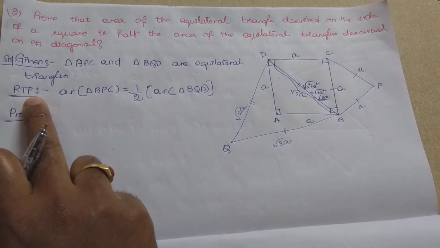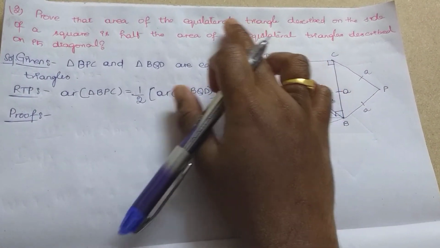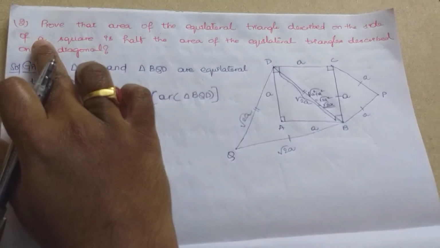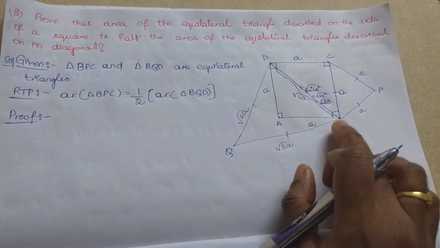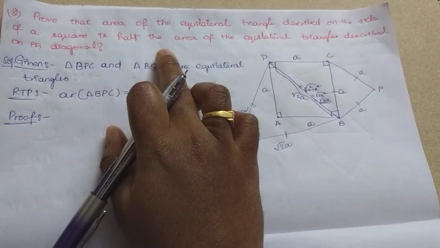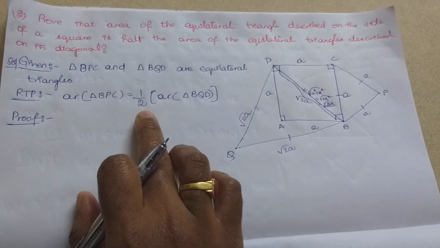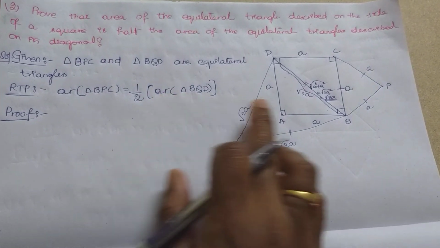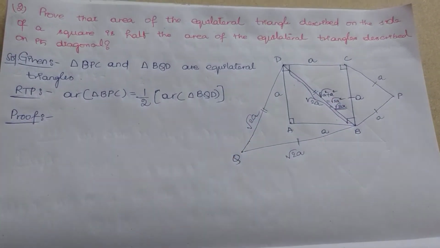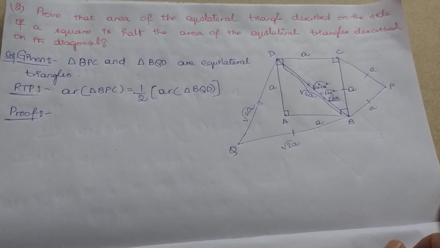Required to be proved: the area of the equilateral triangle on the side of a square, that is the area of triangle BPC, equals half the area of the equilateral triangle on its diagonal, half the area of BQD. Now let's enter into the proof part.